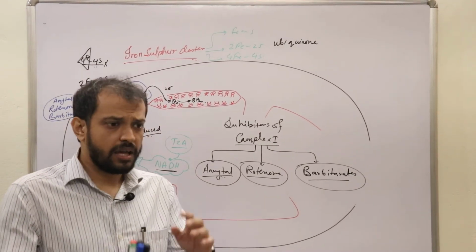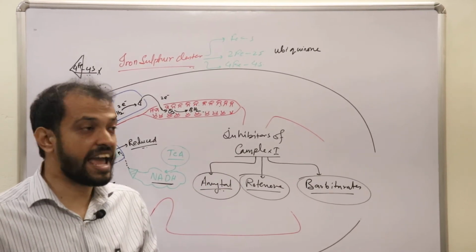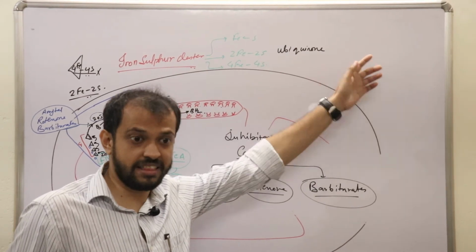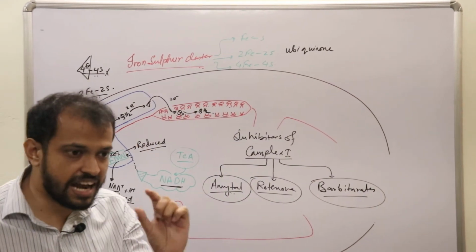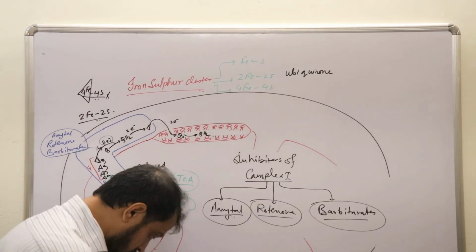And any NADH which is coming from glycolysis is actually present outside the mitochondria, right? And that poses a very serious problem.